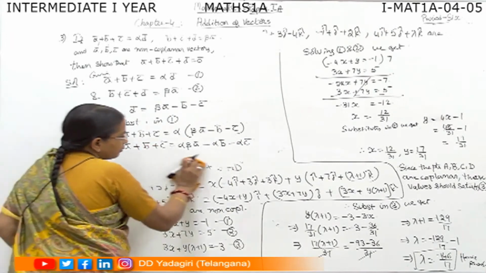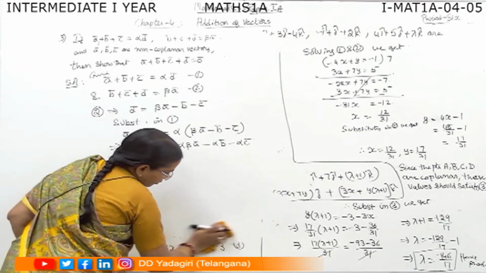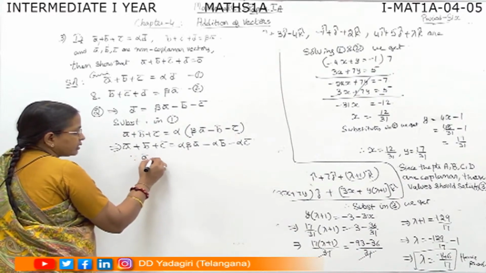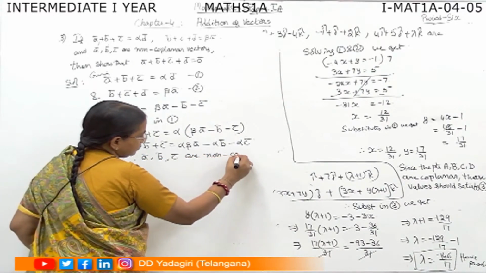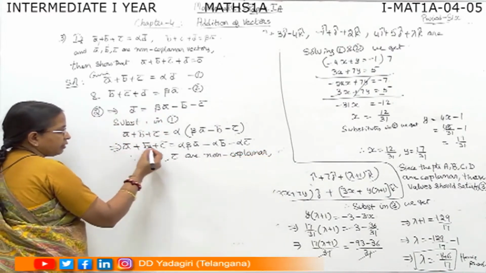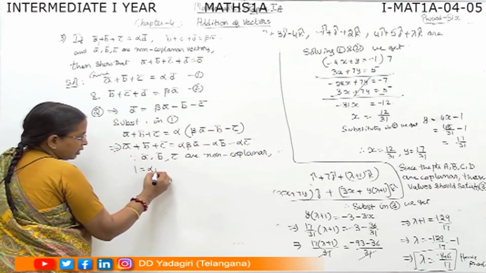Now you are given that A, B, C are non-coplanar. Only A, B, C are non-coplanar. So you can equate the coefficients of like vectors. Since A, B, C are non-coplanar, you equate the coefficients. The A coefficient is 1, so 1 is equal to alpha beta.